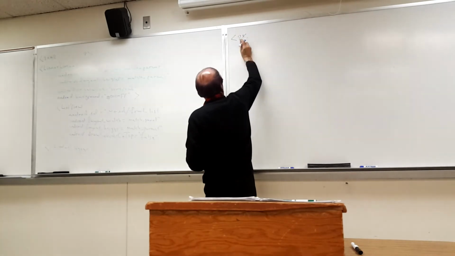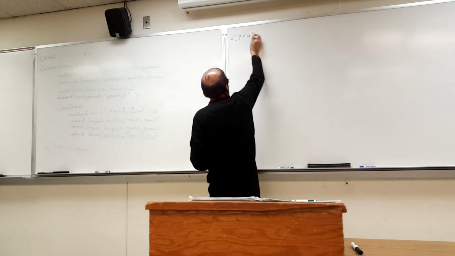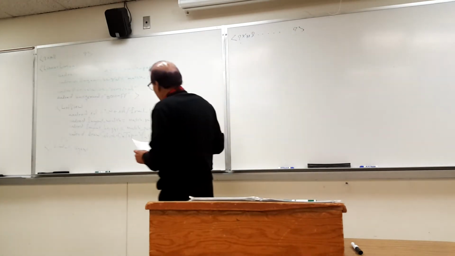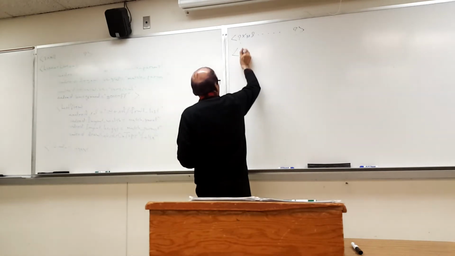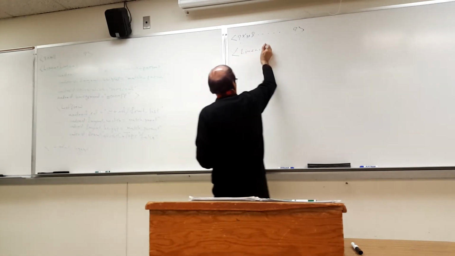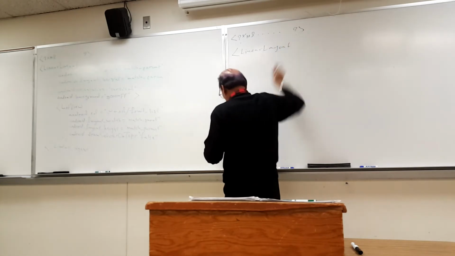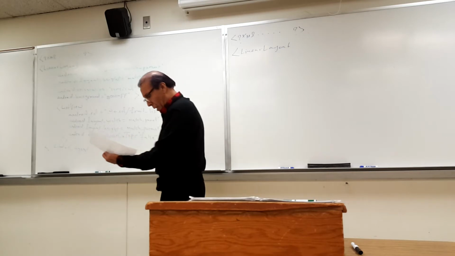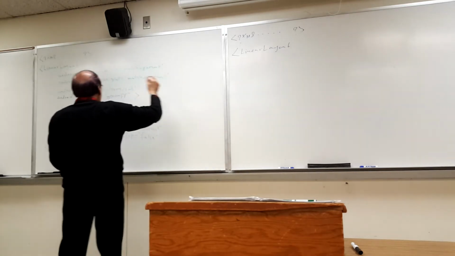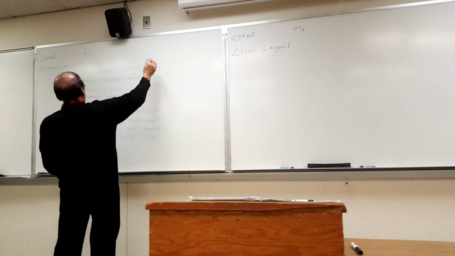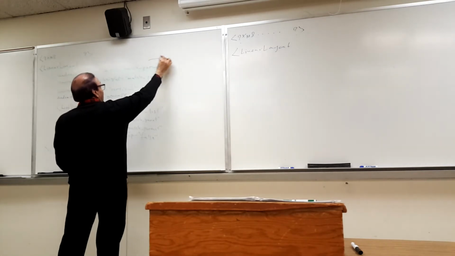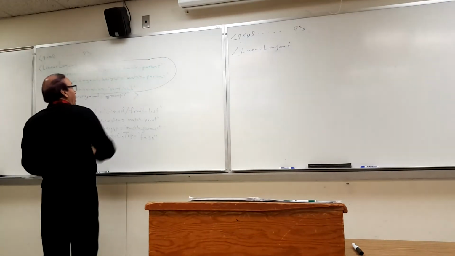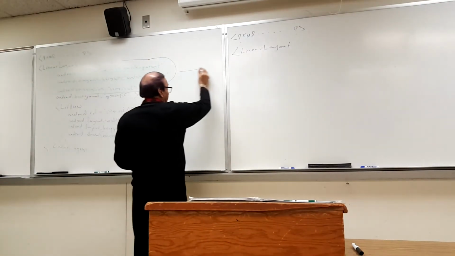So, let's write the frag2.xml. Question mark XML again, the same. The header, okay? And also the linear layout. Just to save ink and time, I'm going to copy this part here, okay?